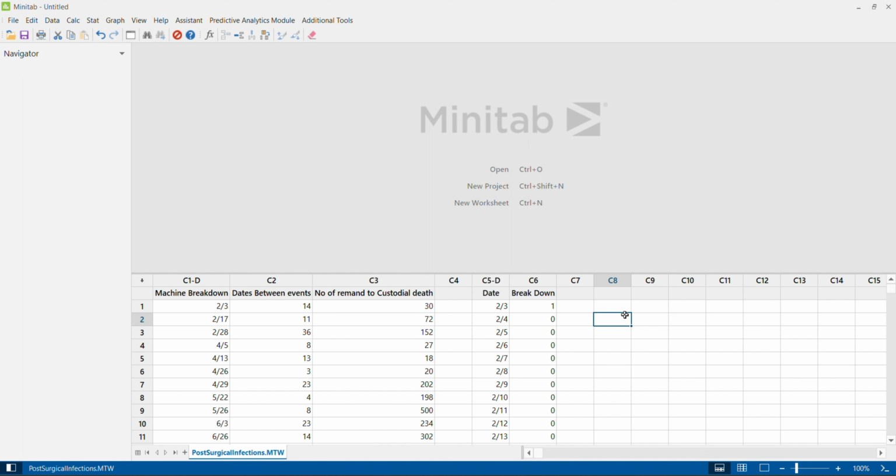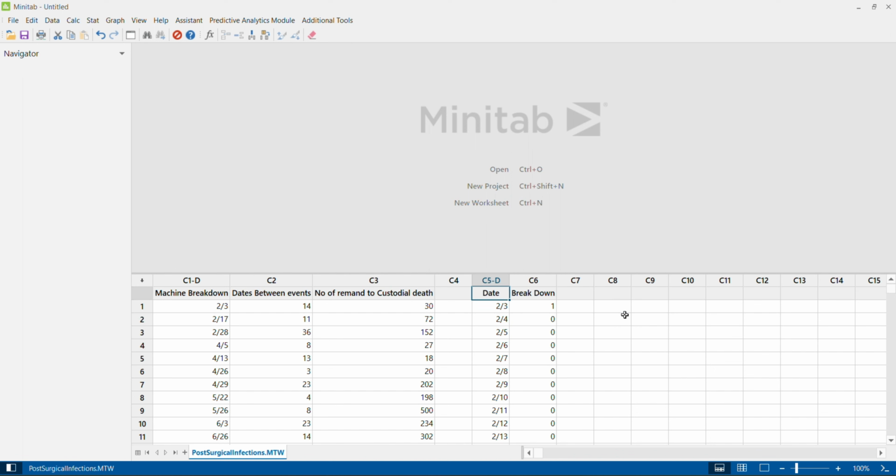I am responsible for a factory, a scope of area, and in that scope of area, whenever there is a breakdown, a ticket gets raised and my team goes and attends that breakdown. So it is a count of events in a particular scope of area. Technically, based on our previous videos, this needs to be plotted in a C chart, count of event charts.